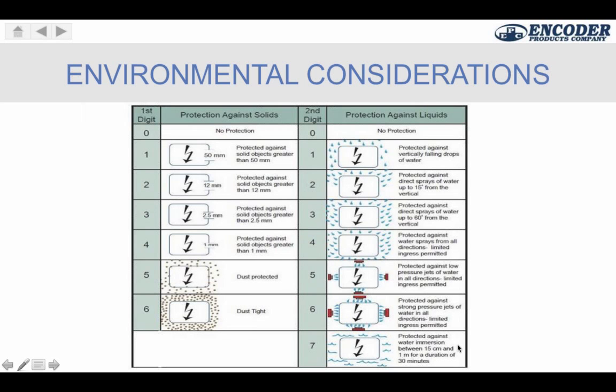These don't translate into allowing the maintenance worker to direct a 500 psi stream of water directly on the encoder for 20 minutes without any consequences. So just be sure that you're taking the full measure of the actual IP standard and how it's applied to the encoder, and again, in your application.